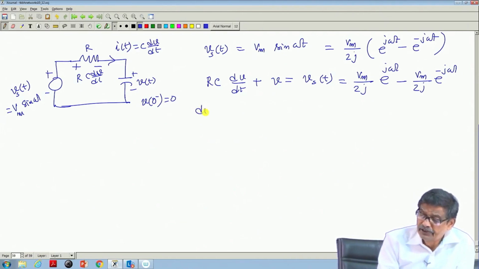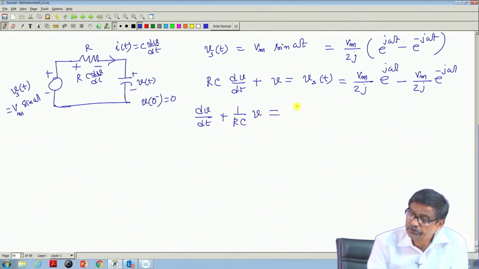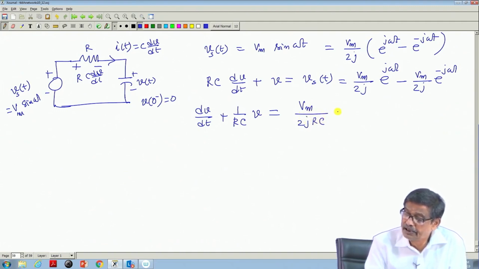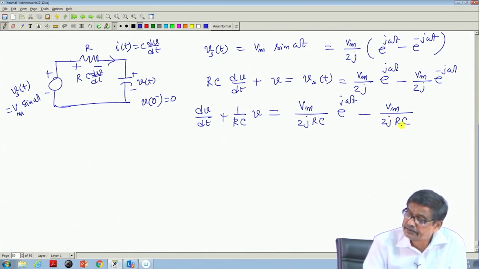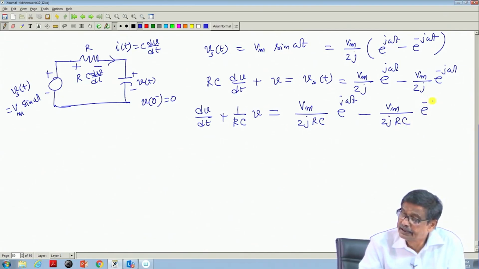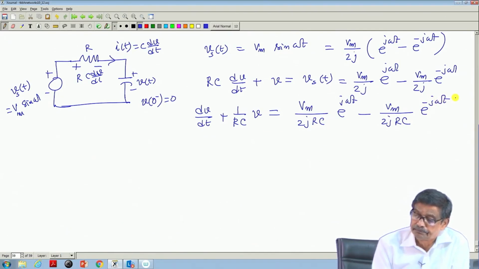Therefore, the first step is dV dt plus 1 over R C into V is equal to, dividing by R C, V m by 2 j R C e to the power j omega t minus V m by 2 j R C e to the power minus j omega t. Is it?